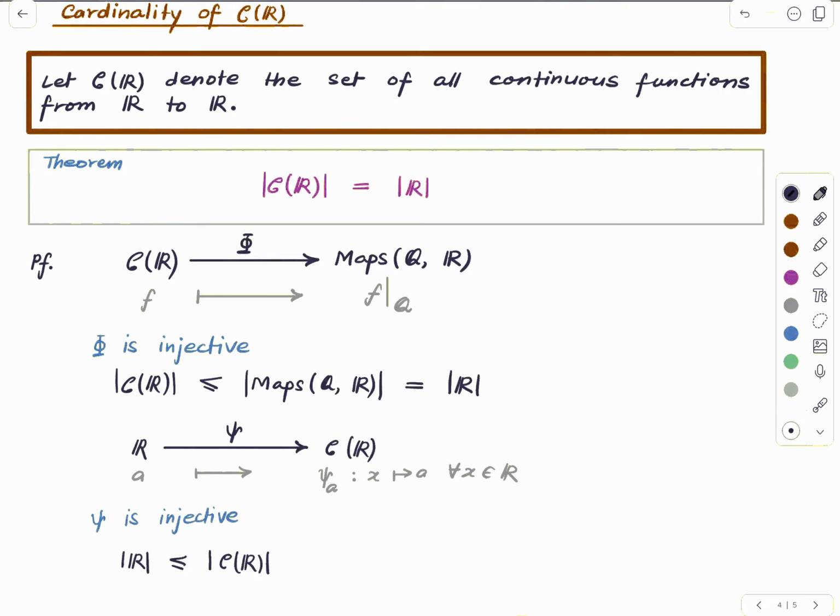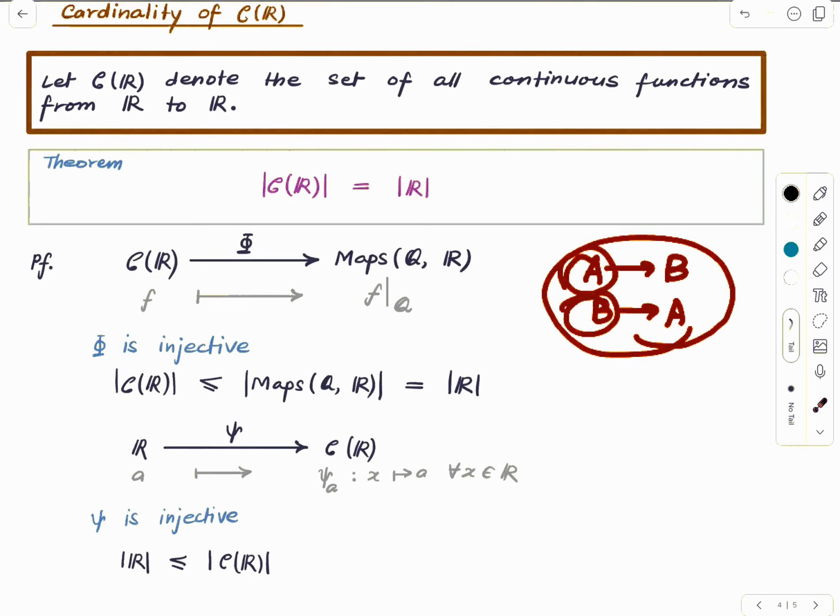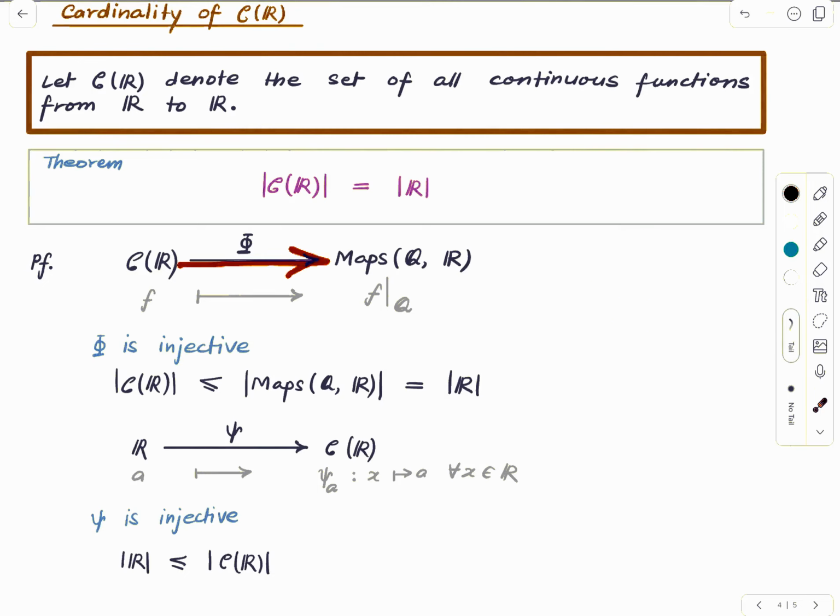It just says that if there is an injection from a set A to a set B and an injection in the other direction, then there is a bijection between A and B. Here we constructed an injection from the continuous functions to the maps from rationals to reals, which is bijective as a set to the reals. And psi constructs an injection in the other direction, and therefore the set of continuous functions and the set of real numbers are in bijection with each other.